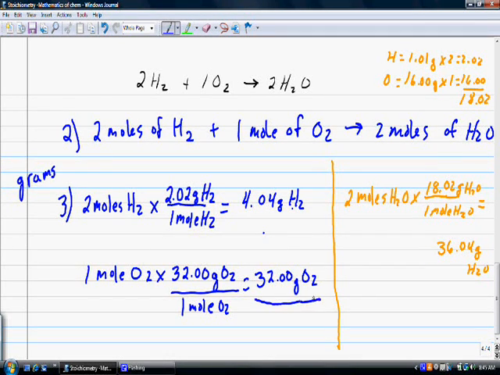That comes out to 36.04 grams worth of reactants. Notice that that matches the 36.04 grams of products that I have. This has to come out. Anytime I have a balanced chemical reaction, this illustrates the law of conservation of matter.